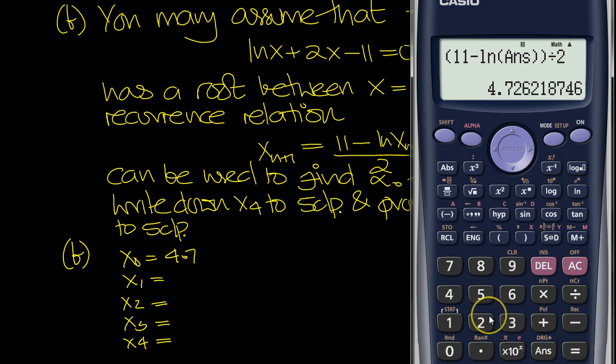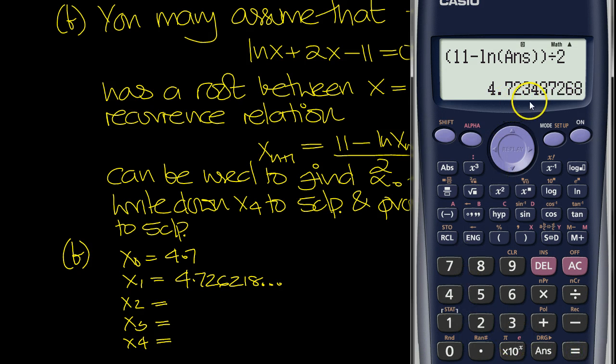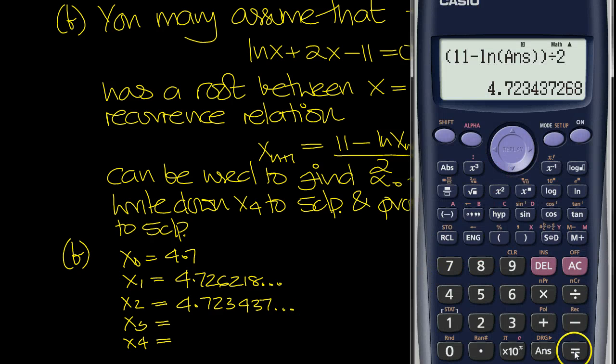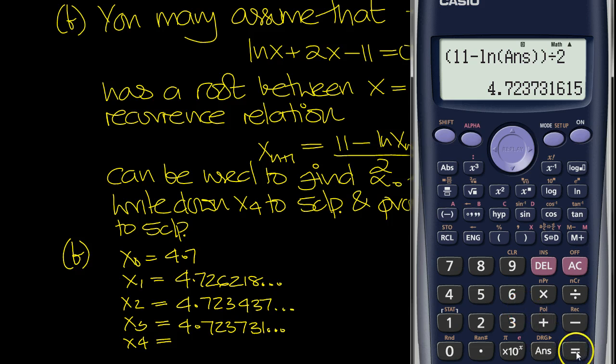Equals. So this will be x1, 4.726218. x2, just press equals again, 4.723437. x3 now, 4.723731, and then the next one, this is x4, 4.723700.